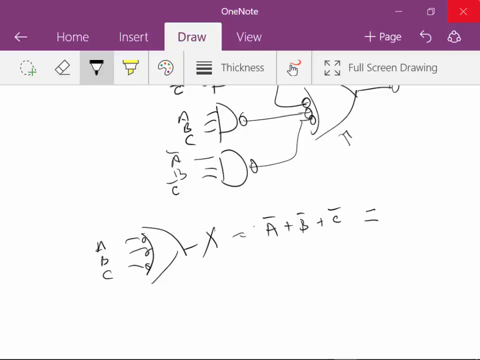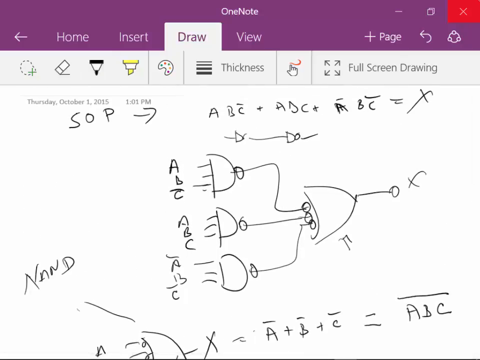Well, that happens to be equal to A, B, C, knotted. That's De Morgan's theorem, right? So if I have a gate that looks like this, it is the equivalent of a NAND gate. This is another way of drawing a NAND gate.